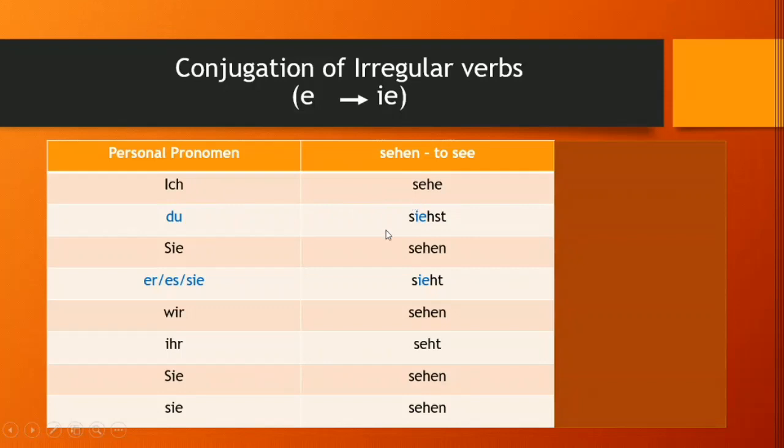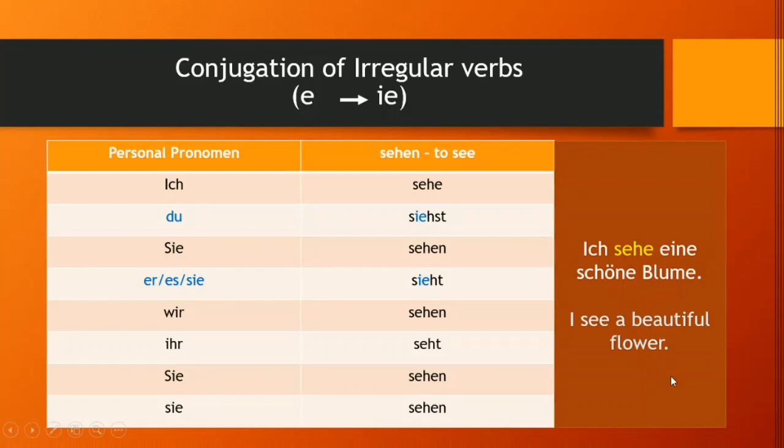Ich sehe, du siehst, er/sie/es sieht, wir sehen, ihr seht, sie sehen, Sie sehen. Du siehst, sie sieht. Ich sehe eine schöne Blume. I see a beautiful flower. Ich sehe eine schöne Blume.